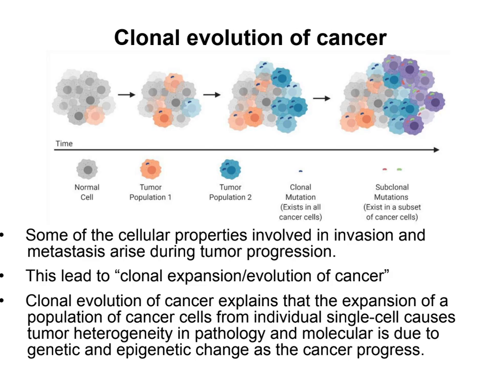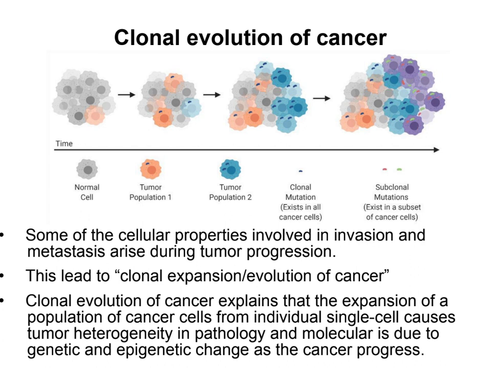This slide is reviewing what we discussed earlier, the clonal evolution of cancer. This is the idea that over time, our cancer itself is going to be changing in its population. It's the same idea we were talking about before, where you have a normal cell, one cell starts to mutate, it rapidly divides, and then another cell mutates and rapidly divides, and then another mutation is added and it rapidly divides.